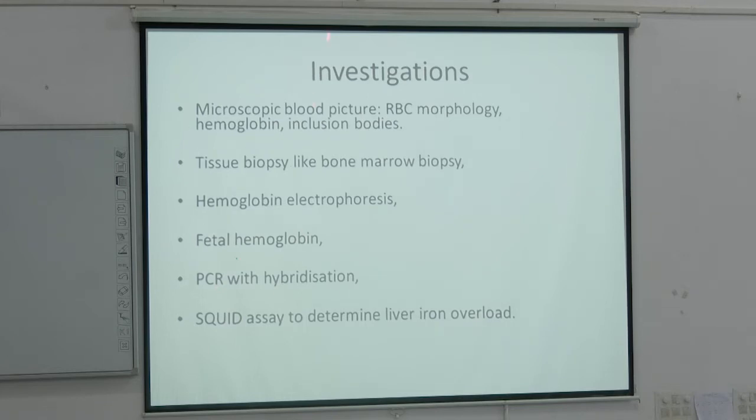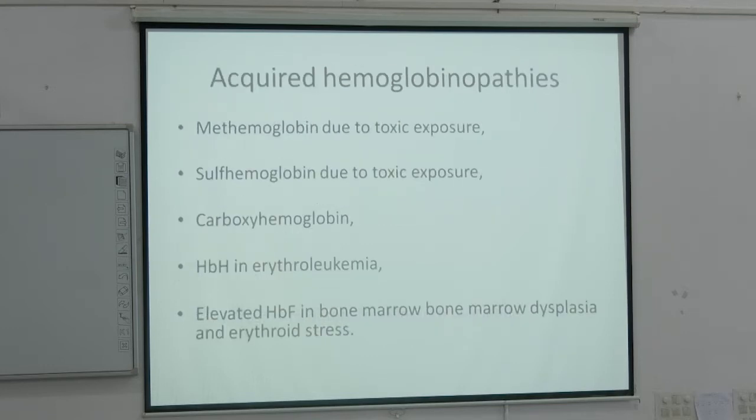PCR with hybridization. All the methods are not for detection of one type of disease. These are different methods for detecting different diseases. Do not get confused. PCR with hybridization, for what? For this purpose.